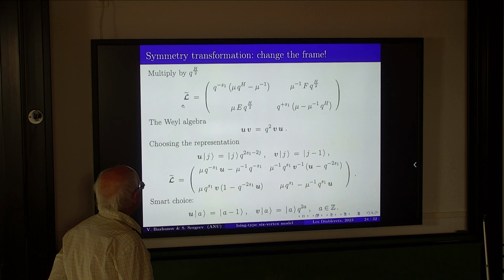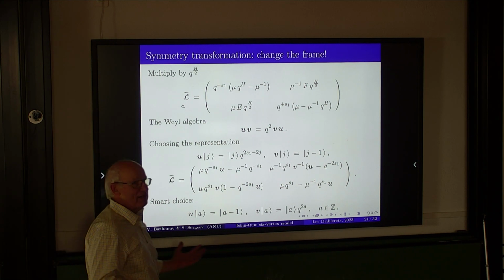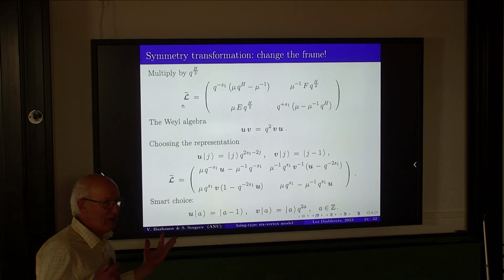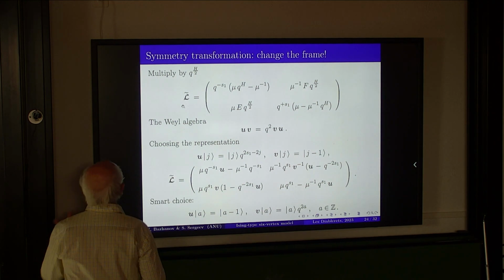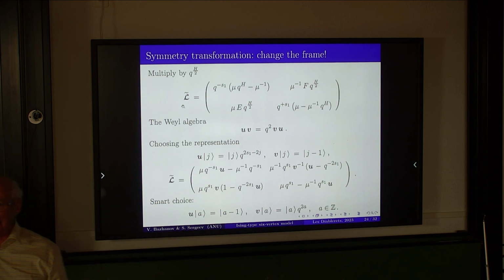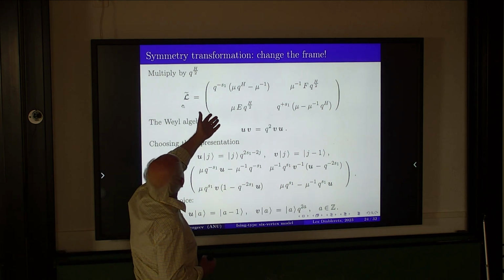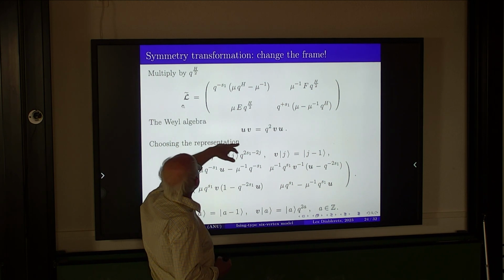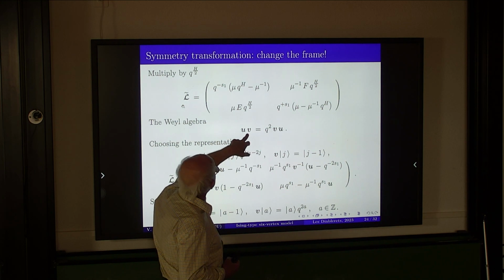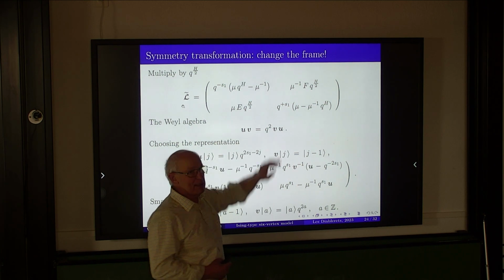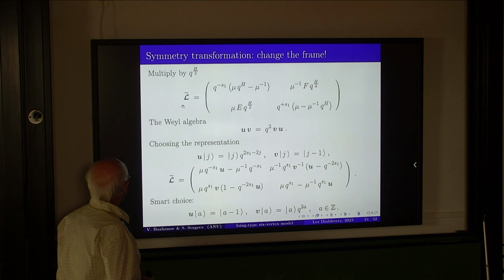The trick is here. As Einstein told us, nothing depends on the frame of reference. Let's take different bases in the vector space which supports the representation of our quantum group. Basically, that is our L operator, and we can write it. If you introduce the Weyl algebra, uv is equal to q squared vu.